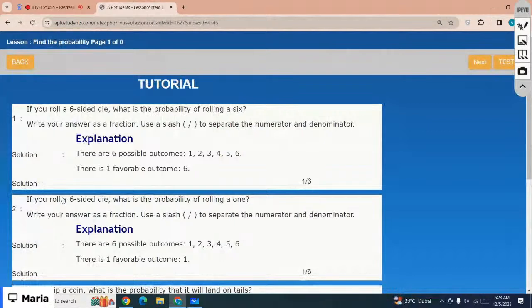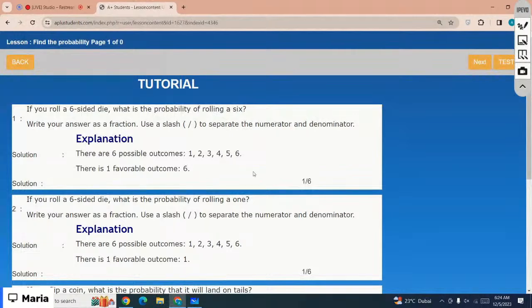Either it will land on one, two, three, four, five, or six, right? And only one outcome lands on 6. The total outcomes are 6, and only one option is 6. So that would be 1 out of 6. So the correct option is 1 out of 6.